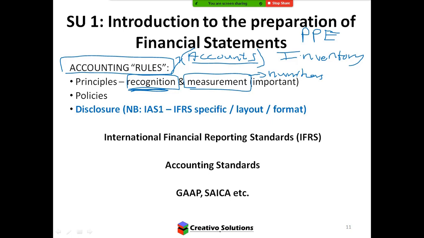Same thing with PPE, property, plant, and equipment. How am I going to measure my vehicles? According to cost or according to carrying value? And then when I process depreciation, how am I going to calculate that depreciation? Cost method, which is straight line, or carrying value, diminishing balance. Do you see the difference?